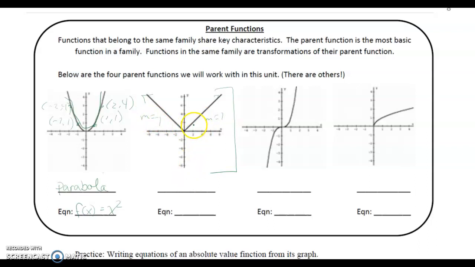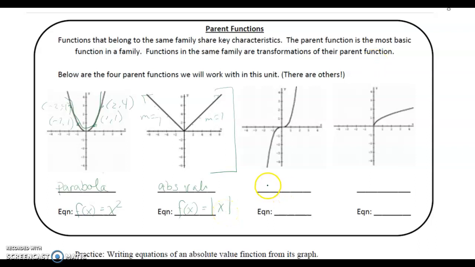So they go through 1, 1, 2, 2, 3, 3, 4, 4, negative 1, 1, negative 2, 2, negative 3, 3, negative 4, 4. But we're just going to call it an absolute value function right now. It's not very apt, but we'll just go with it. And the equation is f of x equals absolute value of x.